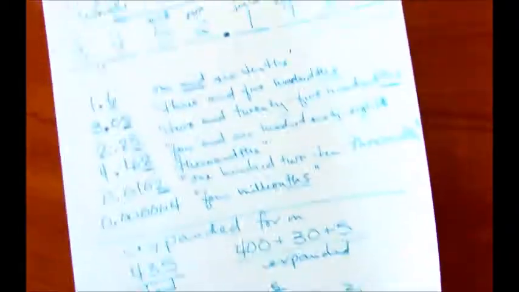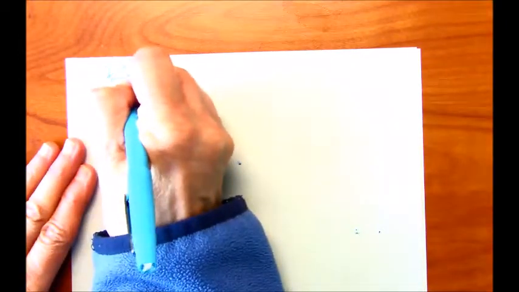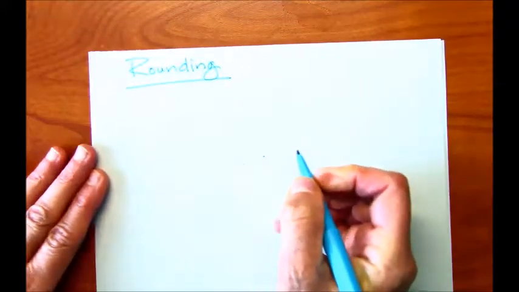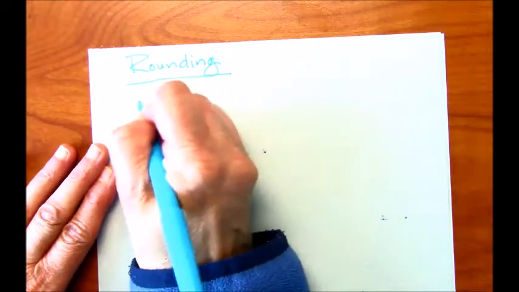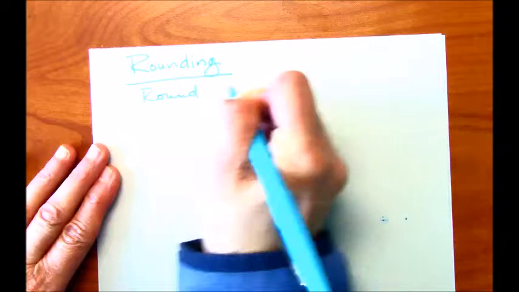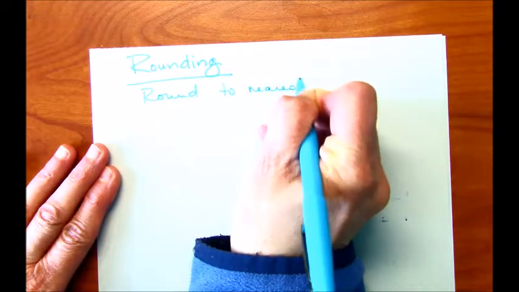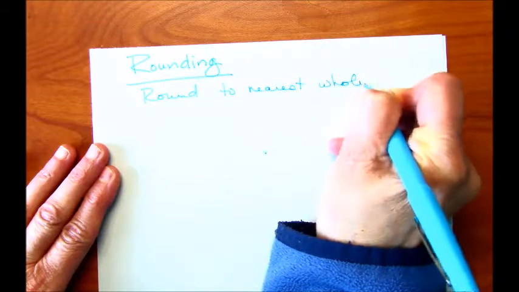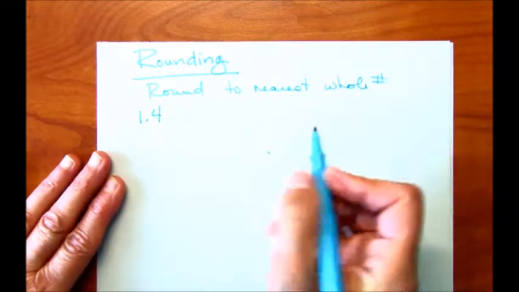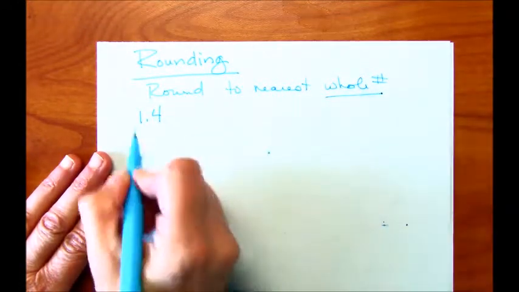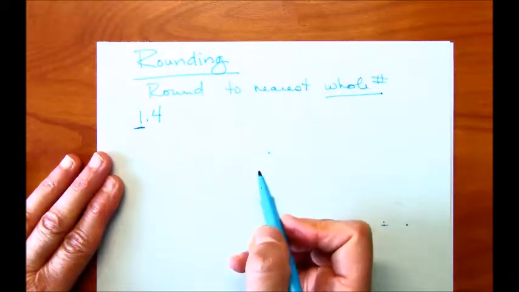Let's now talk about rounding. And rounding is very similar to rounding with whole numbers. For instance, let's first round to the nearest whole number. So if I have 1 and 4 tenths, I first want to identify my whole number, and that's going to be in this position right here.